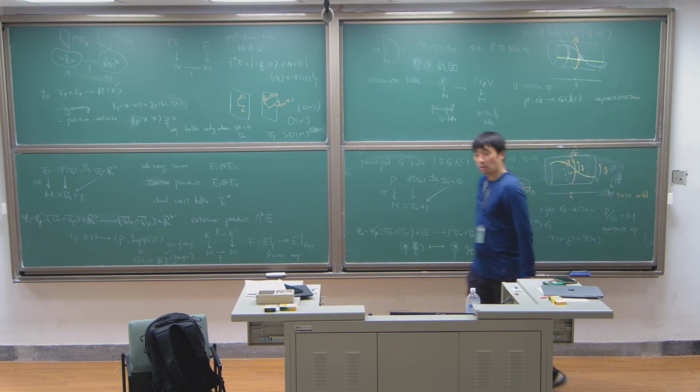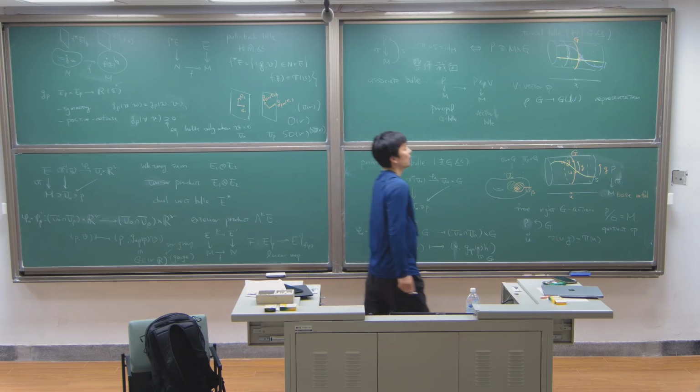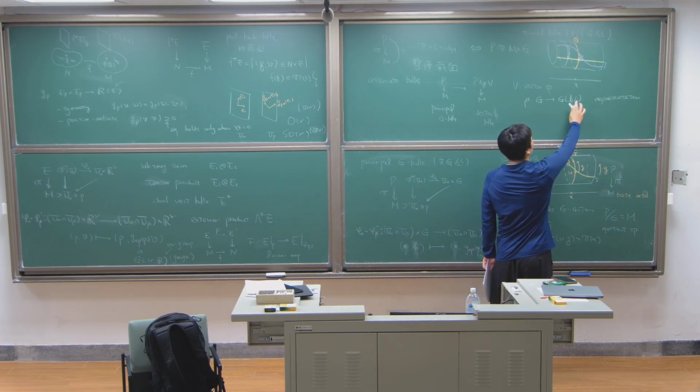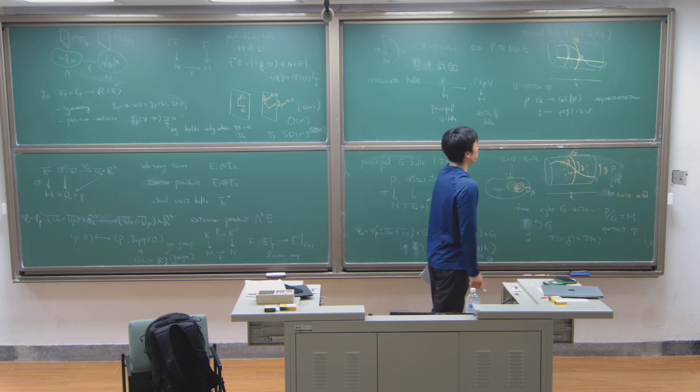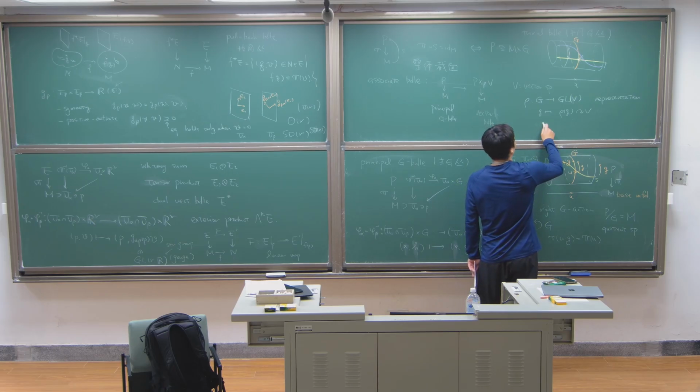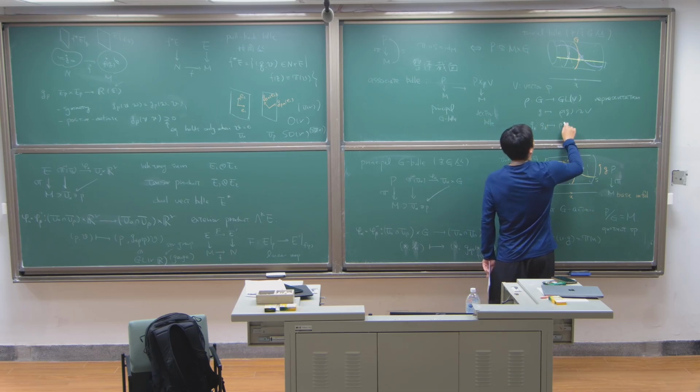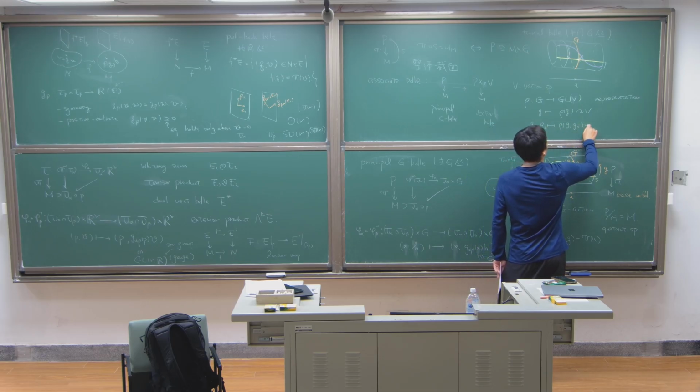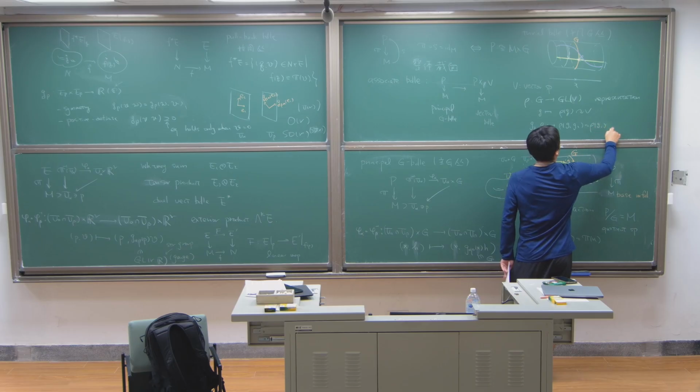So if you have a G, and V, you map any element g to rho of g that acts on the vector space V. And of course, they satisfy the following condition: rho of g1 g2 is rho g1 dot rho g2.